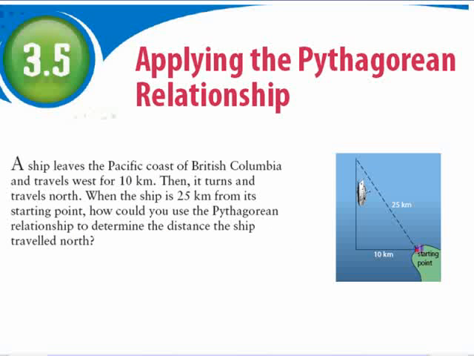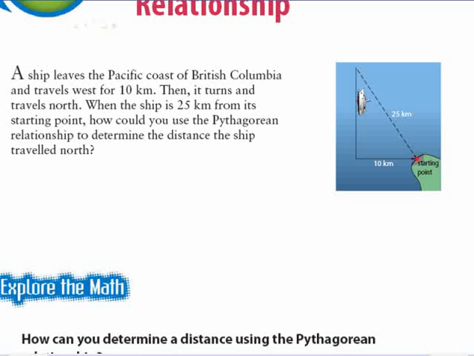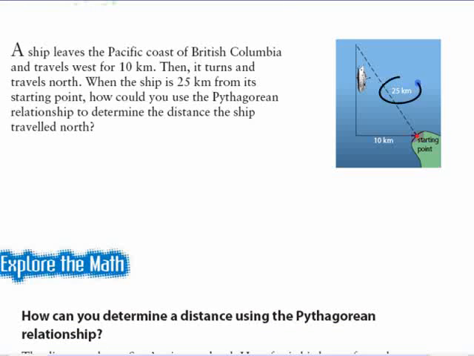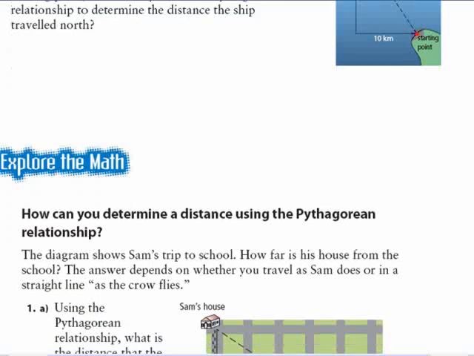Here's a situation: a boat starts here and travels like that, and you know this distance, and you know that distance, so what's this distance here? It's not going to say, here's a triangle, find side C. You're applying it to real situations. If you know two lengths, you can find the third one using that Pythagorean relationship.